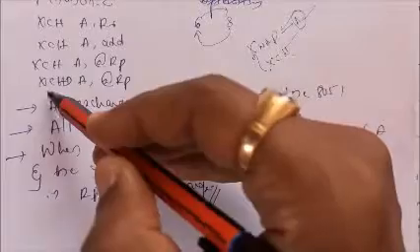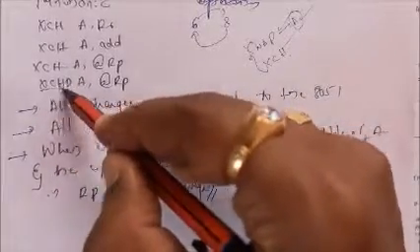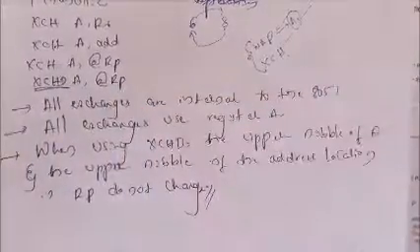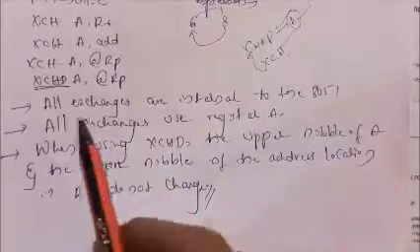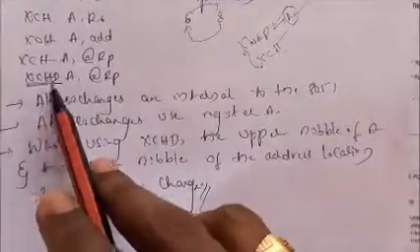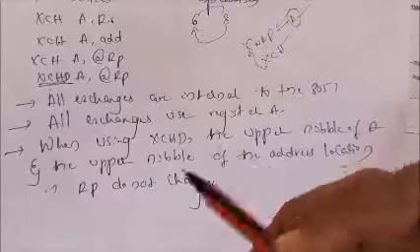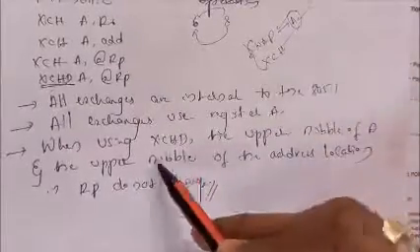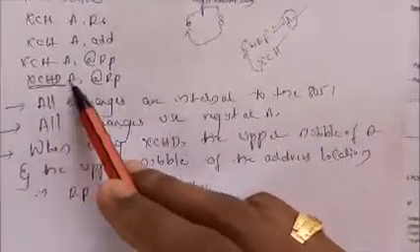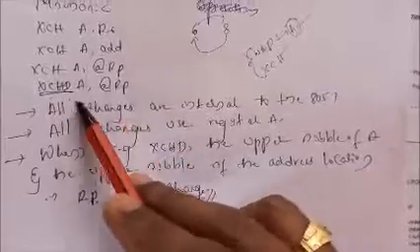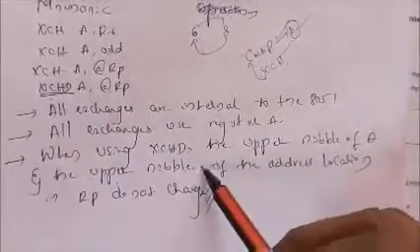And check the last one, I have written XCHD. The XCHD instruction helps to exchange the lower nibble. Already I said lower nibble and upper nibble. Only the lower nibble is exchanged, keeping the higher nibble as it is.